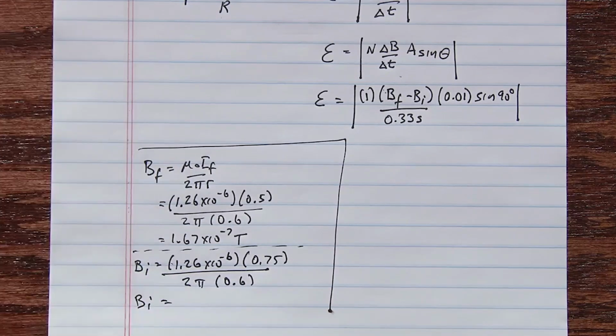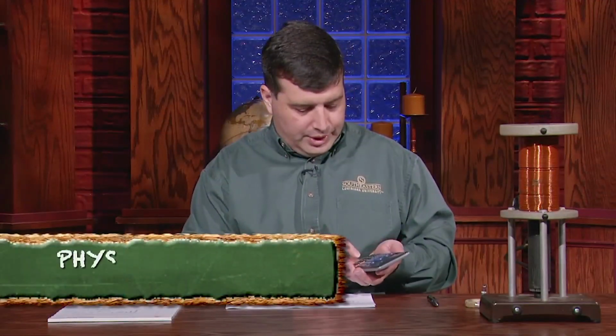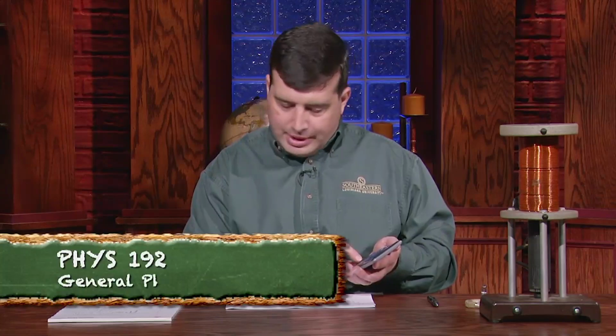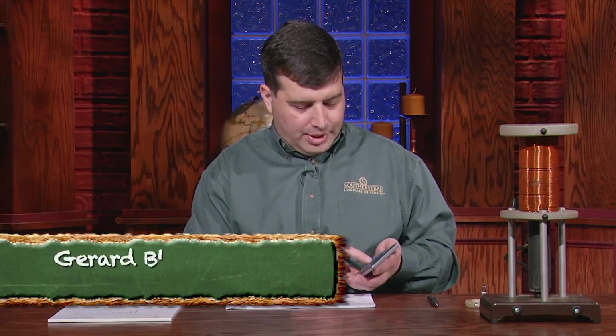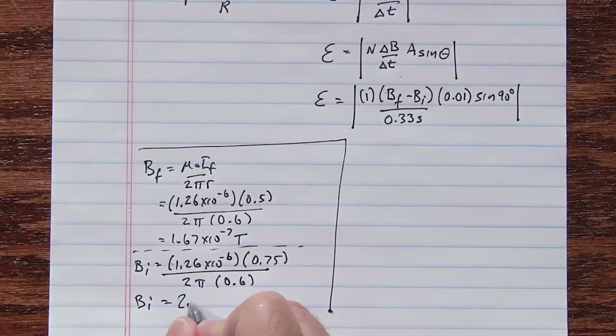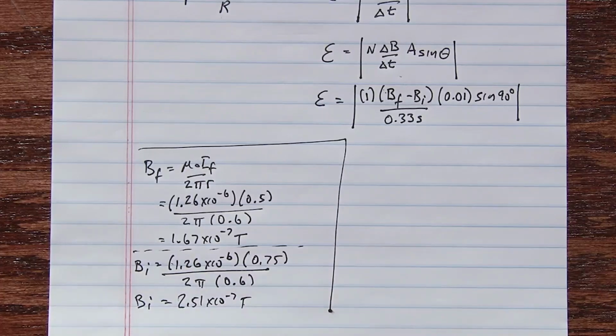And that gives us B initial is the same thing: 1.26 times 10 to the minus 6 times 0.75 divided by parentheses 2 times pi times 0.6, and I get 2.51 times 10 to the minus 7 Tesla.